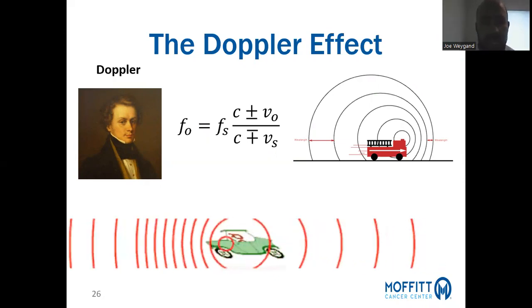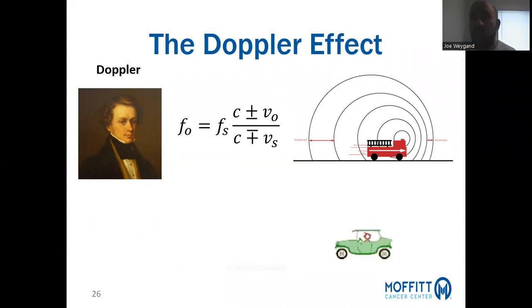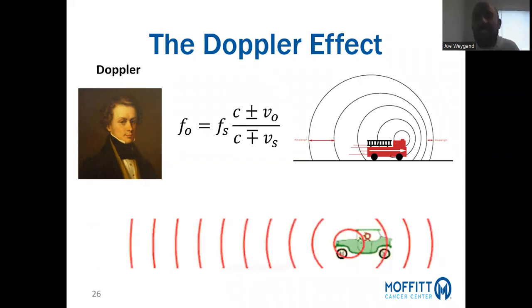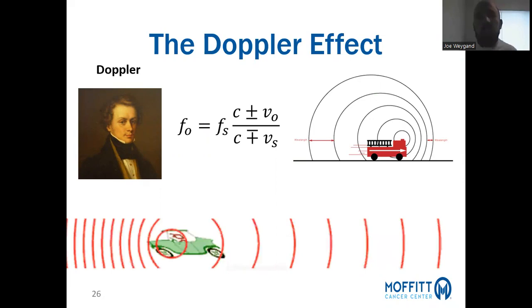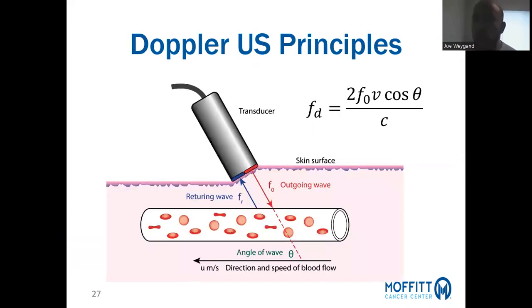And this is illustrated here in this animation, right? It's not anything special. It's just a relativistic geometric effect of the traveling sound wave. But we can utilize this Doppler principle to determine the velocity of moving blood as shown. Here we know the initial frequency because that is what is emitted by the transducer.